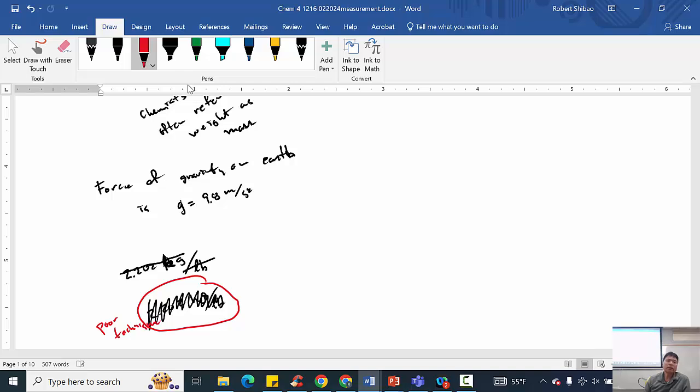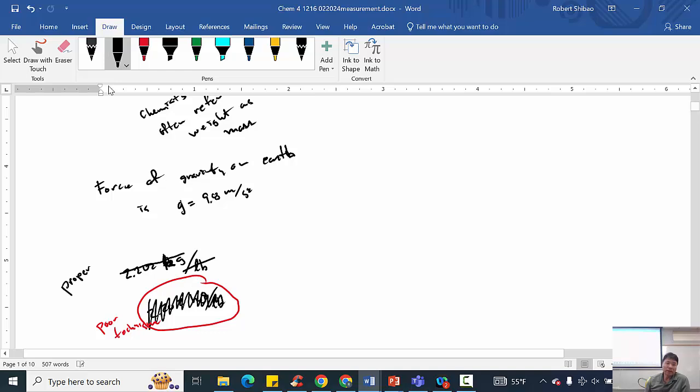We make errors. The lab notebook, the book with a sewn binding, you don't have to keep that neat. People make errors all the time, and so this is the proper way. If I made an error, you just cross it out with a line or two, and then we can write the correction.